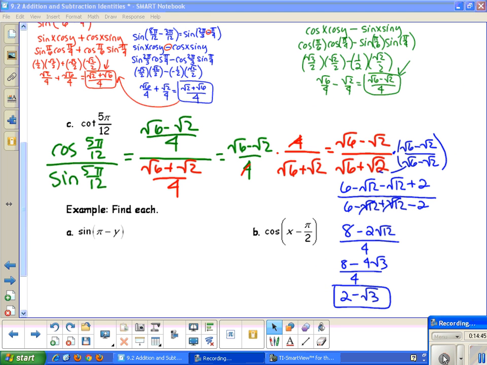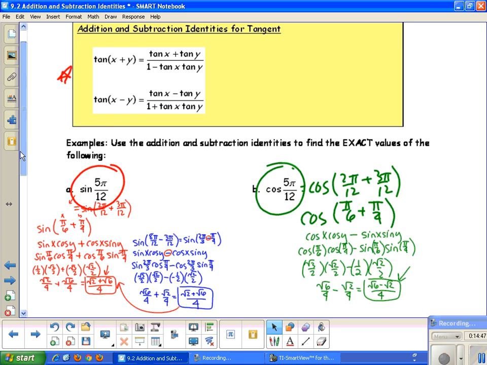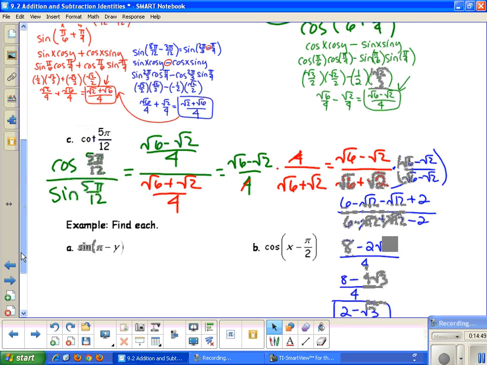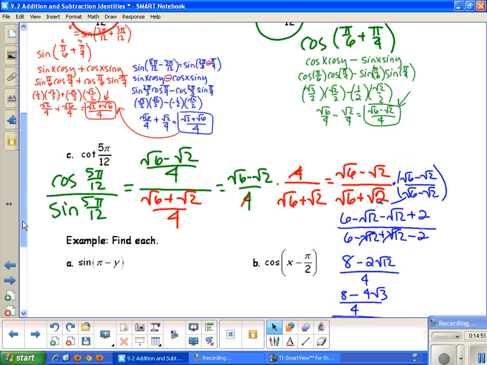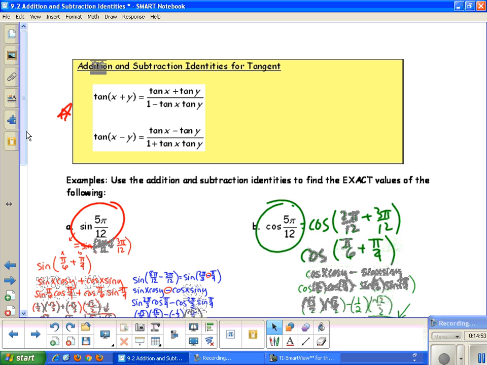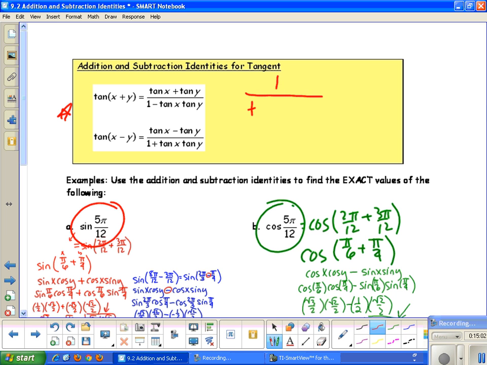Now for the cotangent, I could also use my tangent identity. So if we were doing the addition identity for cotangent, I know that it is the reciprocal of tangent. So for cotangent, I could have done 1 over the tangent x plus tangent y divided by 1 minus tangent x tangent y.